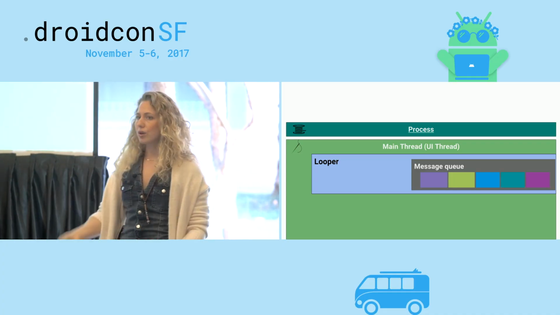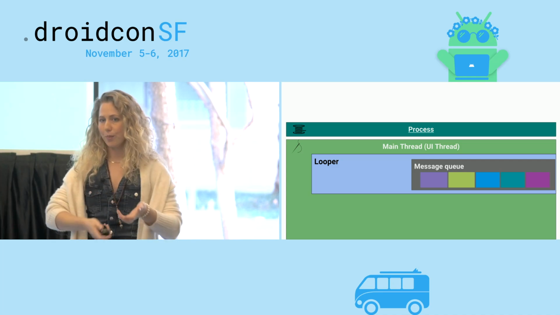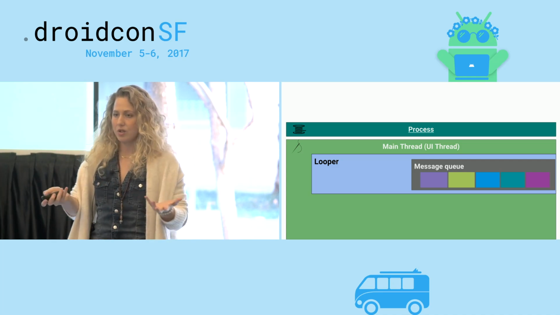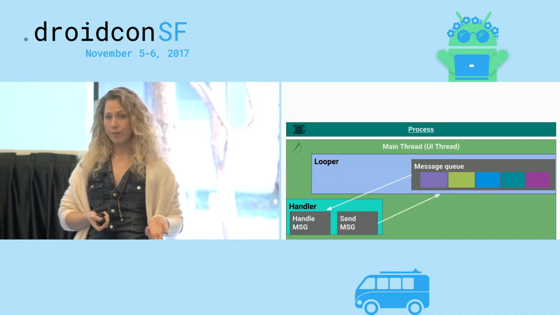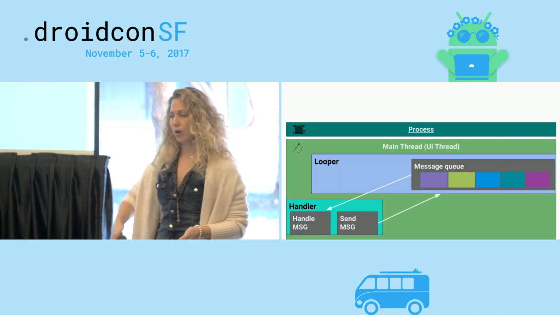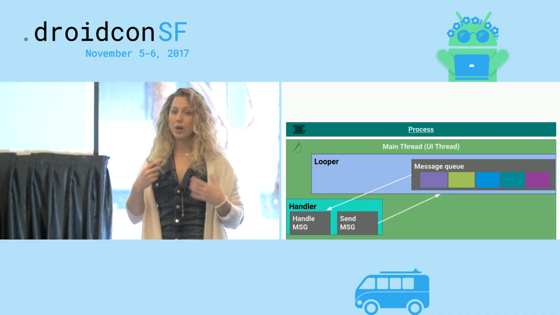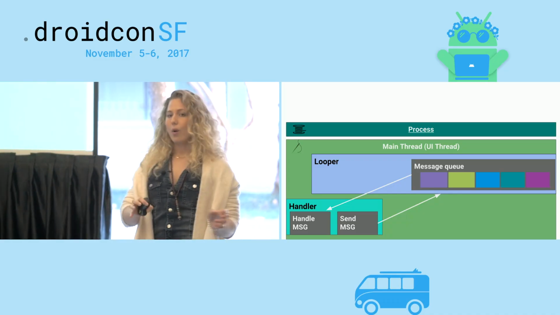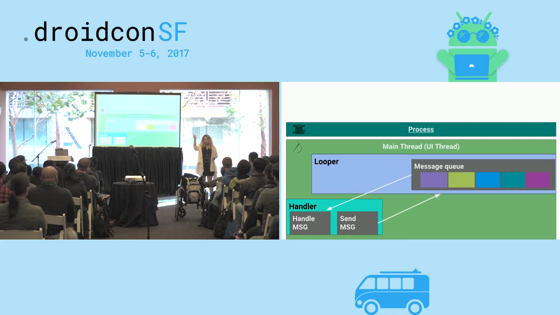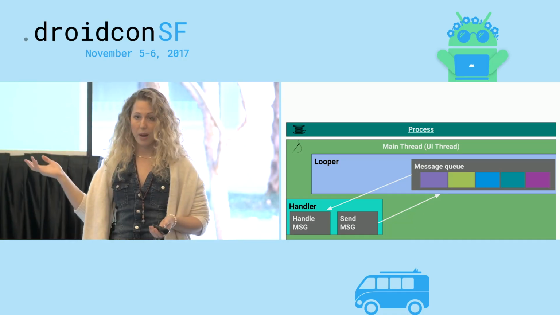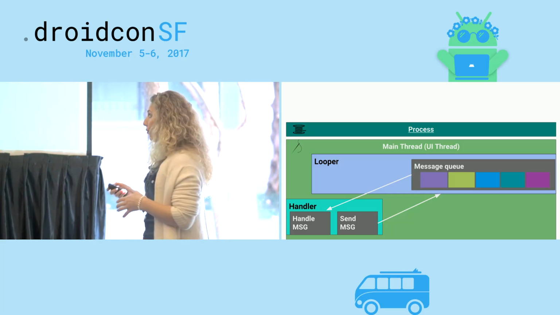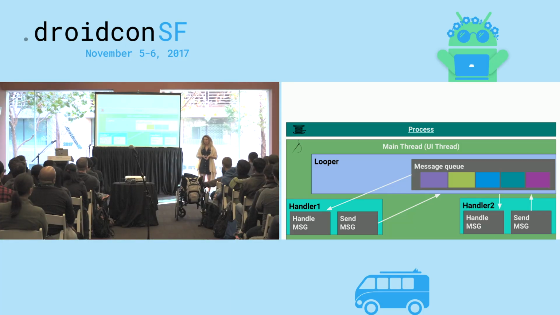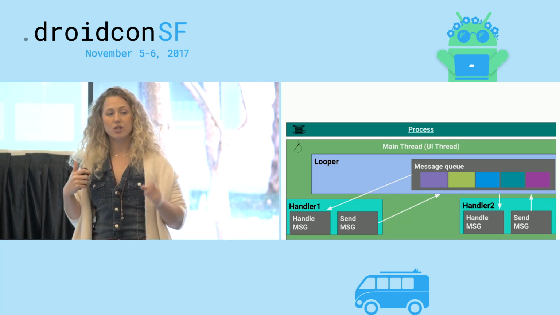So we have the message queue. Now we need to contact the message queue, push messages to it, and handle these messages and tasks when we need to. For that, we have a handler that does exactly that. He knows how to send messages to the queue and how to handle them. Now, we have to have one looper per thread. Makes sense, because everything happens sequentially. But we can actually have multiple handlers that know how to do different stuff, all connected to a specific looper.